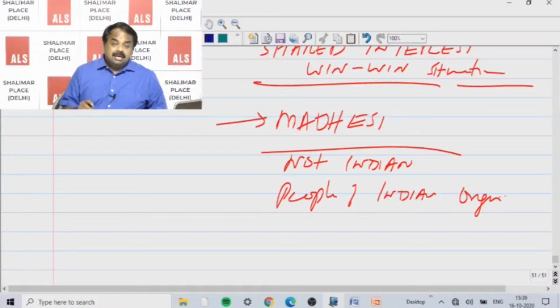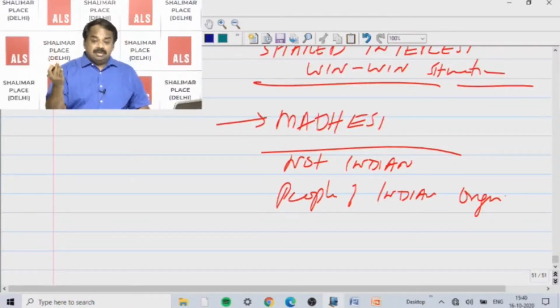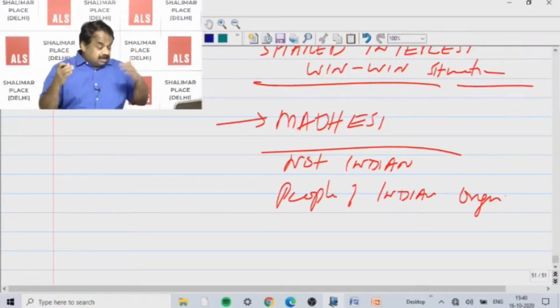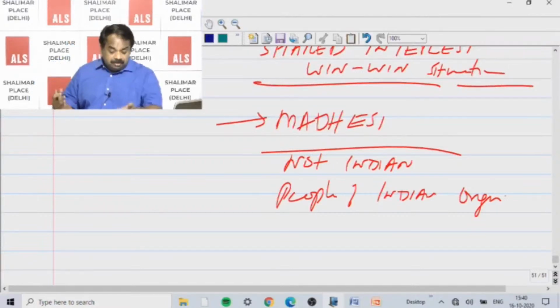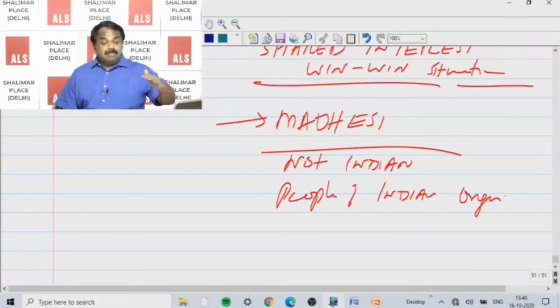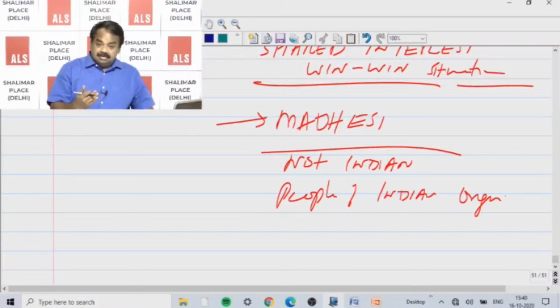Like Sri Lankan Tamils are people of Indian origin. They migrated from India maybe 2000 or 3000 years ago. Now, we cannot talk for them. But yes, had they migrated during modern times, we would have considered them as so-called PIOs to be supported. But they are much before. They have been staying there from time immemorial.